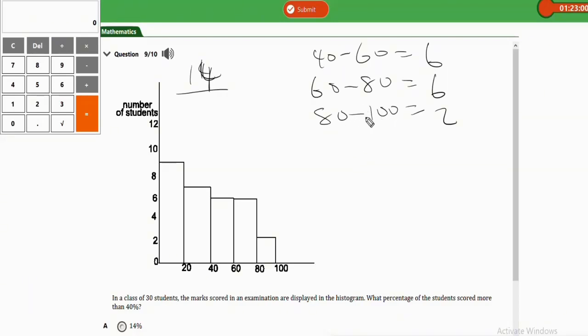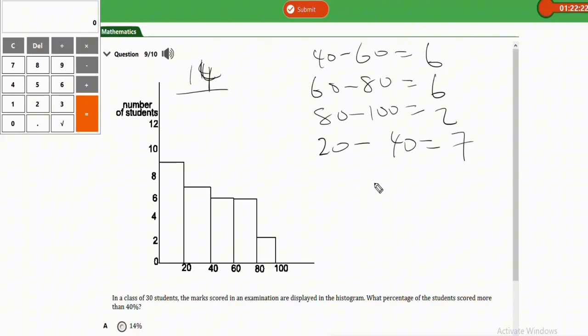Now let's get the total number of students that scored between 0 to 100. We have done 80 to 100 so far. People that scored 20 to 40, when you trace it, we have 7.